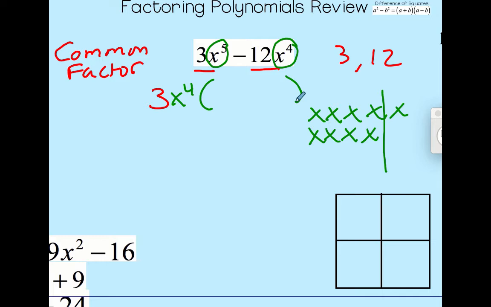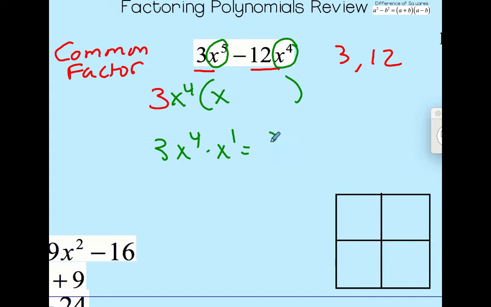So when I write something in factored form, remember, I'm trying to write it as a multiplication problem, basically. So I'm saying 3 times x to the 4th times what is going to give me this original expression that I have. If I multiply x to the 4th times x to the 1st, I get x to the 5th, so the first term is x. This is the remaining factor when I take out 3x to the 4th.